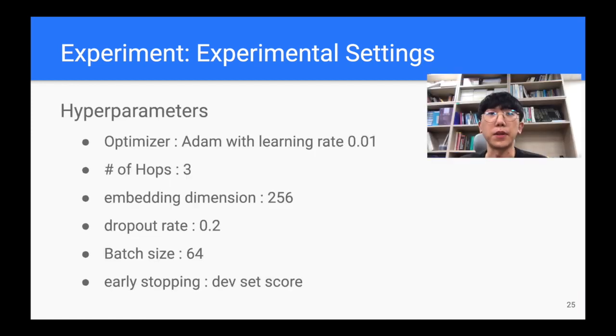In this experiment, we used the following hyperparameters: Adam optimizer with 0.01 learning rate, 3 hops, 256 embedding dimension, 0.2 dropout rate on the GRU layer. We used a 64 batch size to train. We measured the model performance with early stopping.